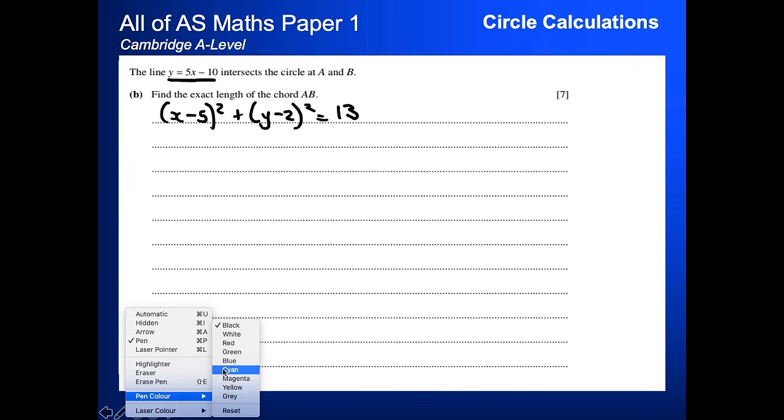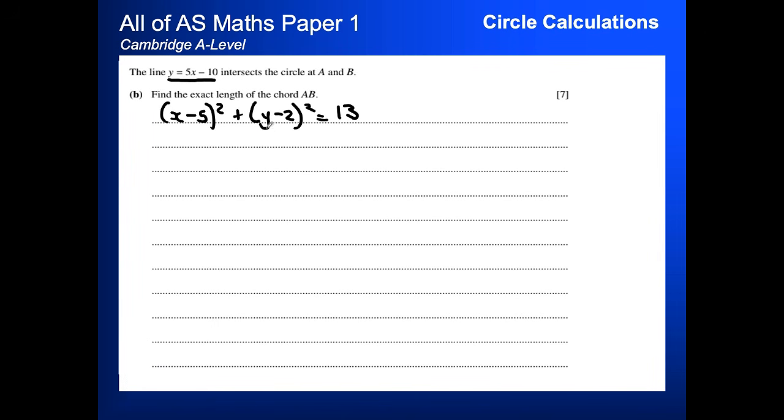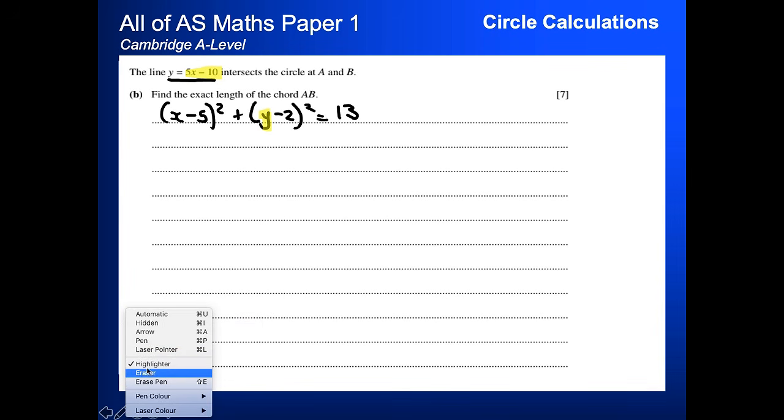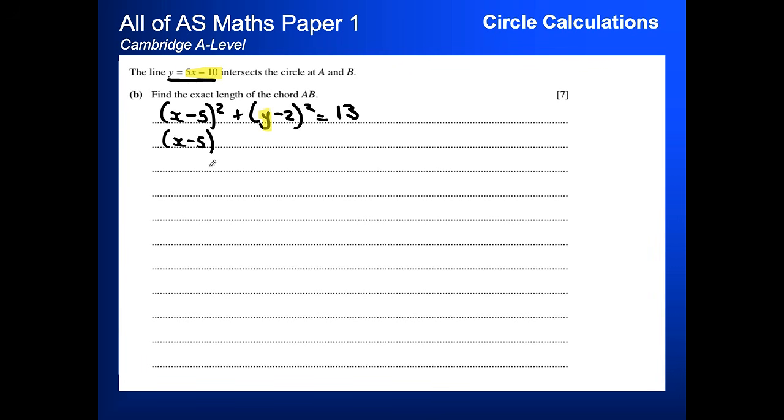So wherever I see a y here, I'm going to replace it with 5x minus 10, keeping everything else the same. Now, I'm not going to use the highlighter. So let's just do this part now. So we get x minus 5 all squared plus, now y is equal to 5x minus 10, so 5x minus 10 minus 2 all squared is equal to 13.